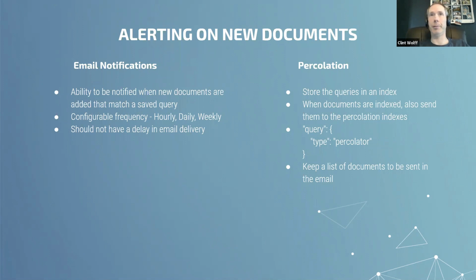Of course, whenever you're making something quicker, you're always making something slower, right? There's always a trade-off. I'm doing something at indexing time to save on search time, or I'm doing something extra at search time to save on indexing processing time. So in this particular case, my email notifications are faster, but I'm adding a lot of overhead for the percolation, right? I have a lot of these percolation indexes. From a disk space perspective, they're small.